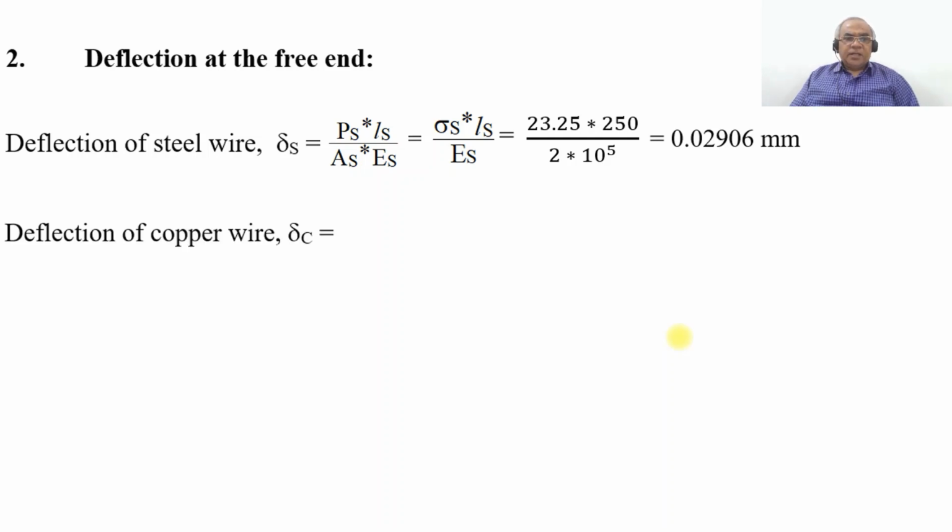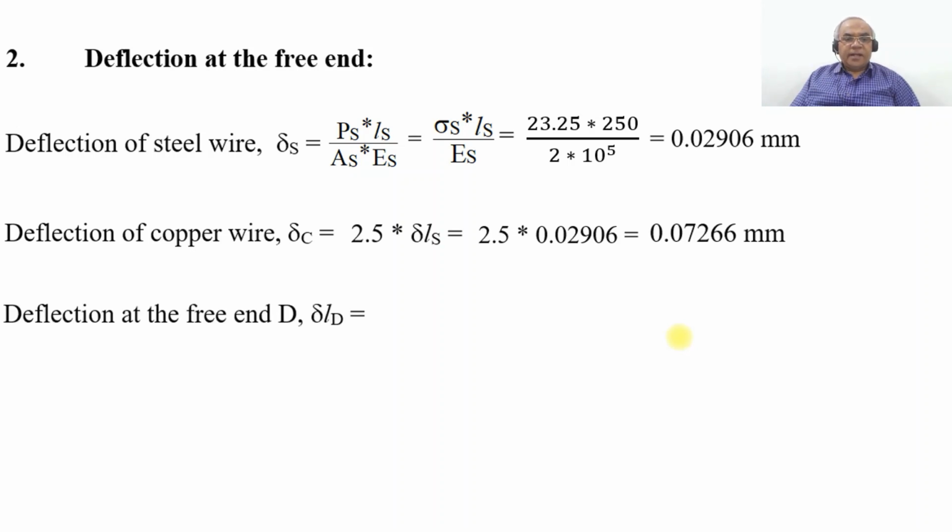On simplification, you are going to get 0.02906 mm. Similarly, the deflection of the copper wire, delta C, will be equal to PC into LC by AC into EC, or sigma C into LC by EC, or otherwise you know delta C will be equal to 2.5 into delta LS. We have already calculated the value of delta S, so you substitute those values, 2.5 into 0.02906, which is going to be 0.07266 mm.